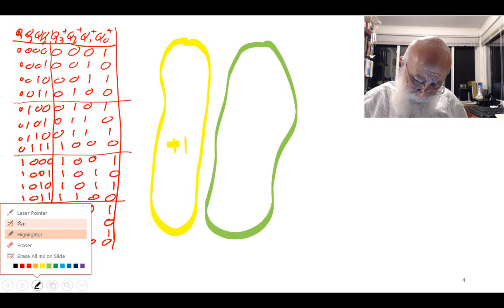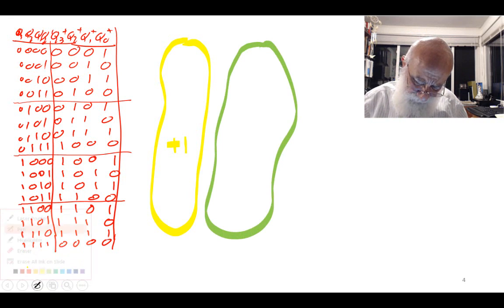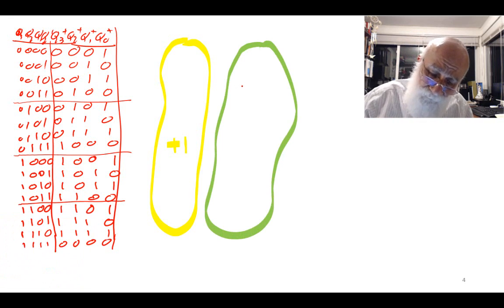The memory I already know how to build, and I'm going to build this circuit.